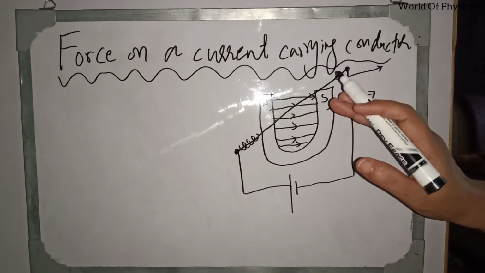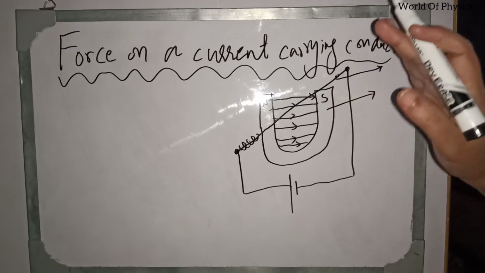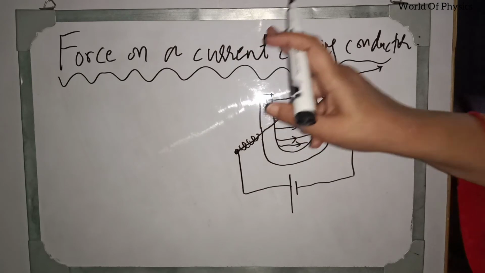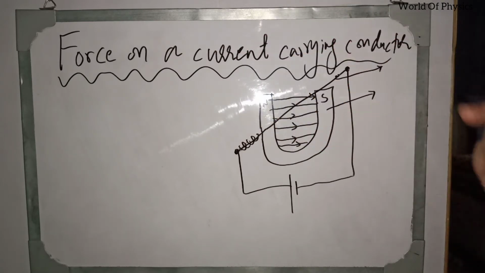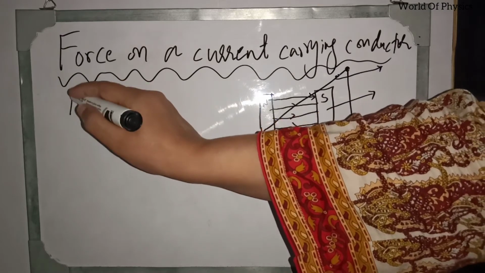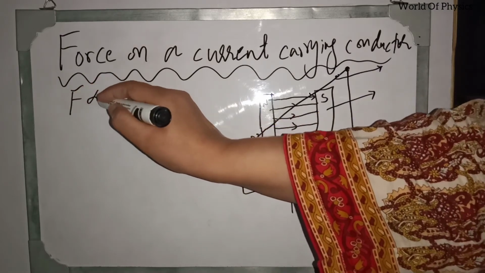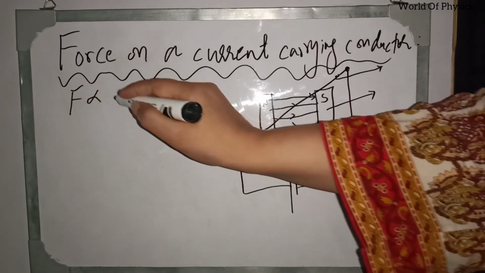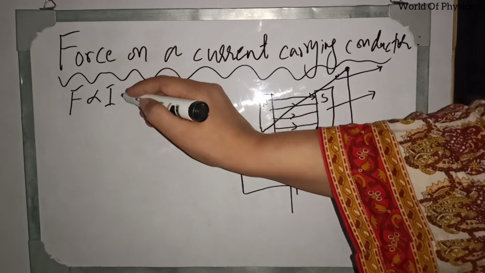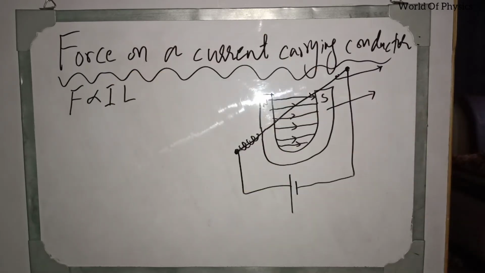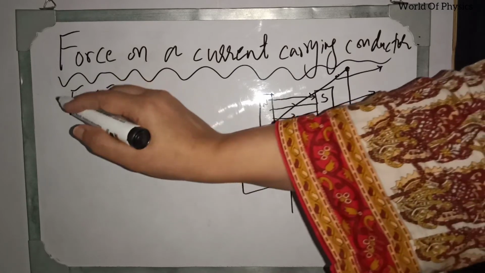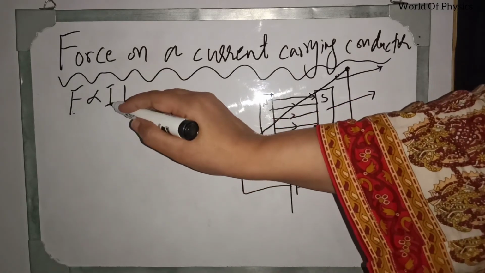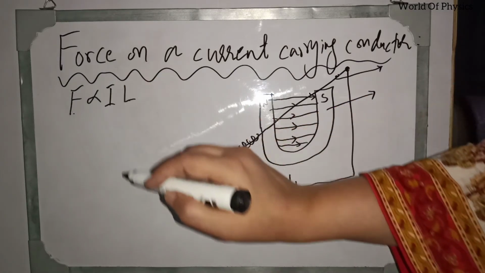That mechanical force is our topic: the force on a current carrying conductor in a uniform magnetic field. It is directly proportional to the current present in the wire and the length of the wire.